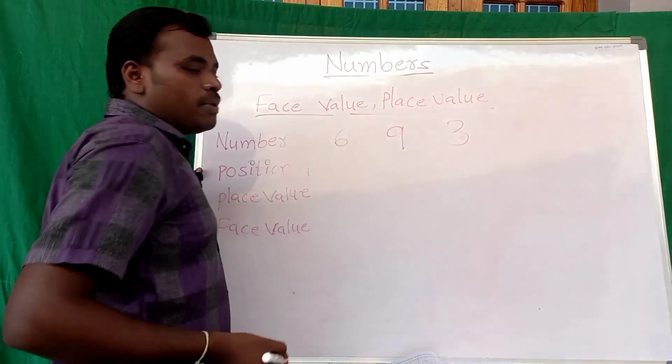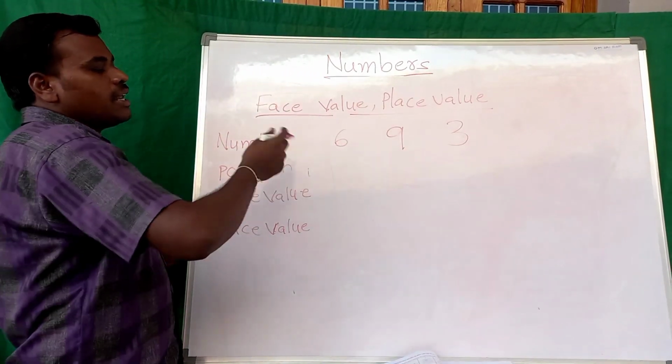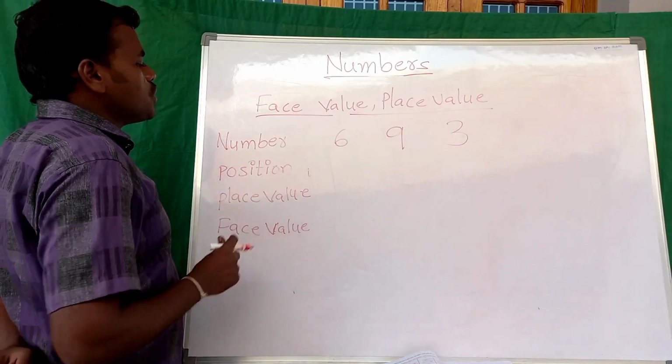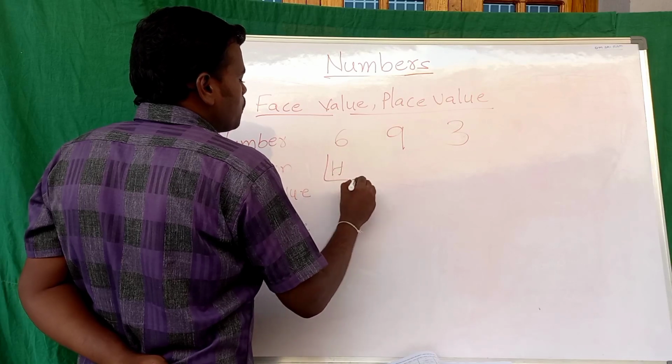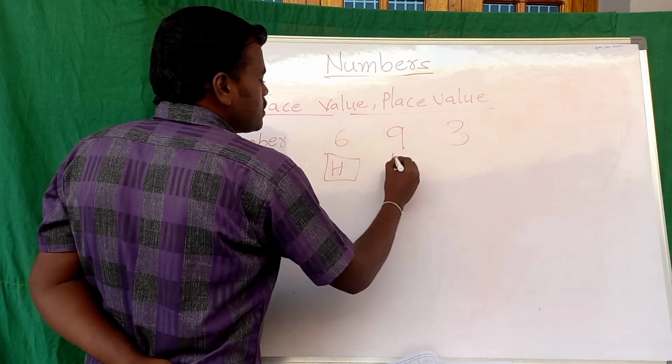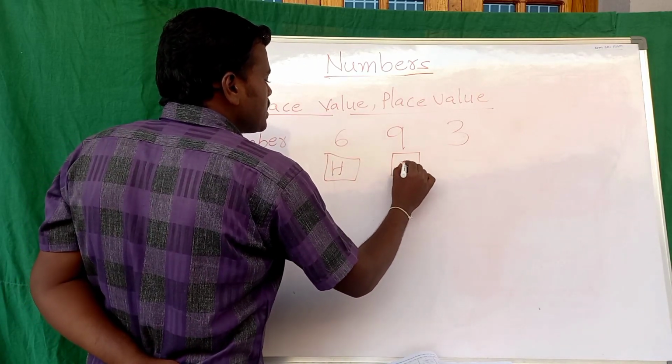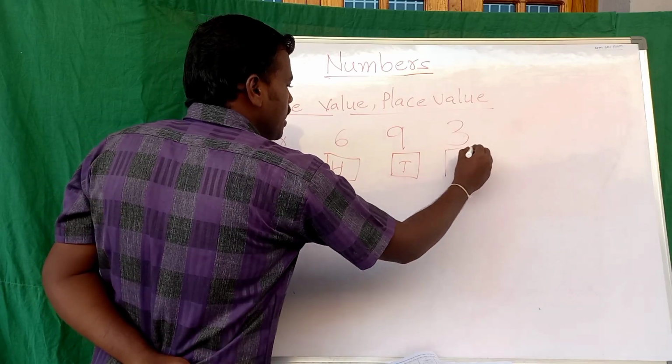We take another number, 693. Here 6 is in the hundreds room, 9 is in the tens room, and 3 is in the ones room.